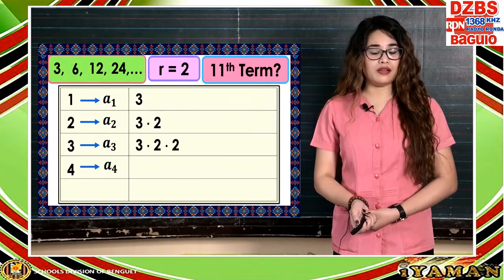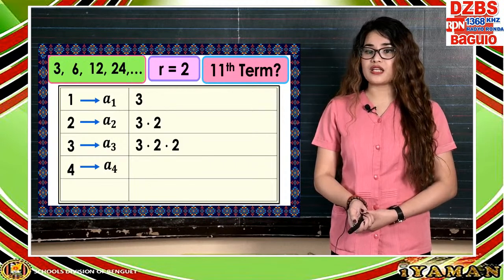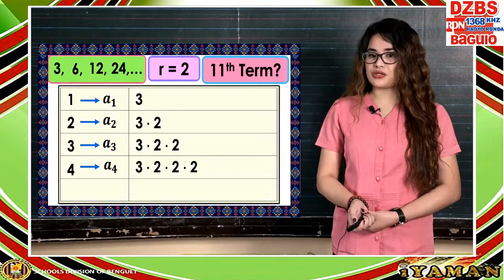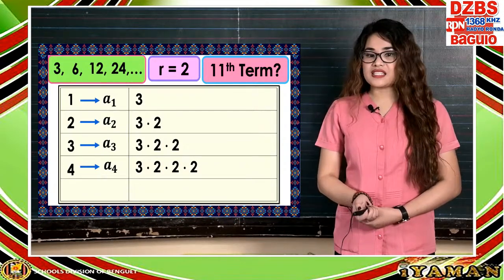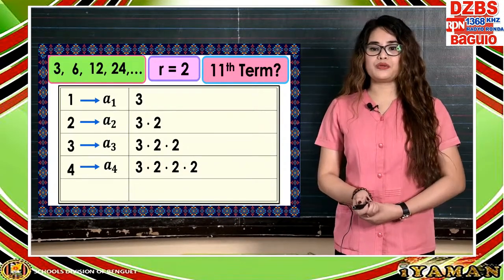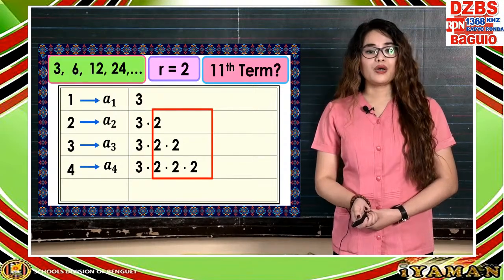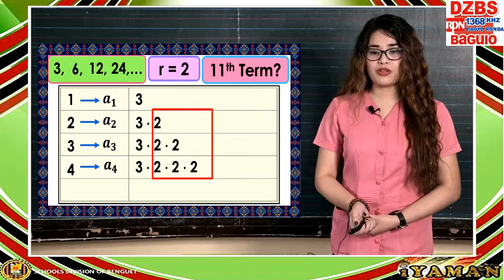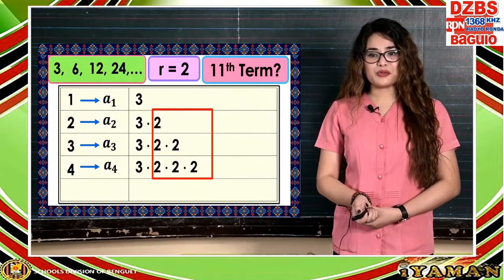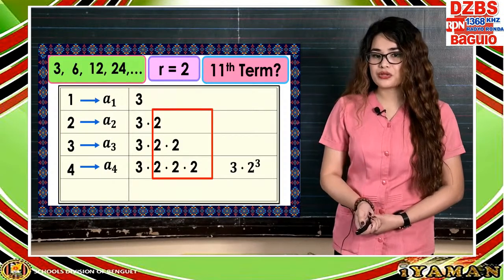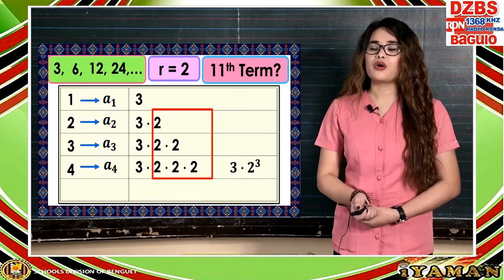In the same way, the fourth term, a sub 4, is going to be 3 times 2 times 2 times 2. Now, instead of writing all of these 2's, we can use an exponent. So, we can take that fourth term, 3 times 2 times 2 times 2, and write that more simply as 3 times 2 to the third power, or raised to 3.